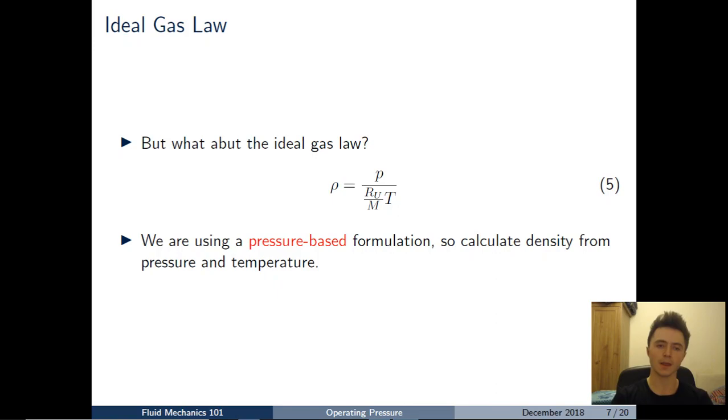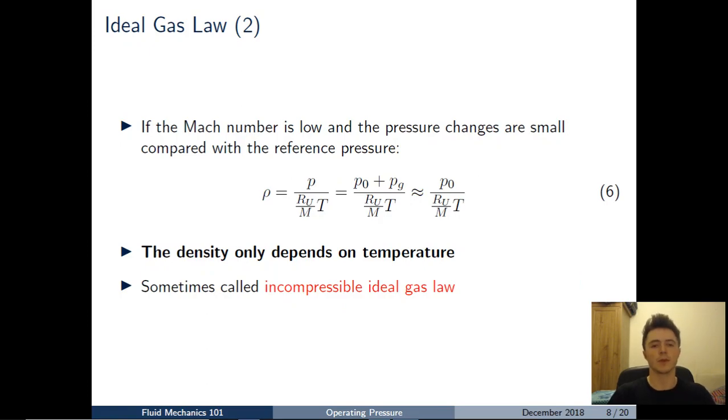So, what changes do we make to the ideal gas law to account for us subtracting an operating pressure from the static pressure? Well, the first thing we do is we rewrite the static pressure as the sum of the operating pressure and the gauge pressure. And then the next key step is we remember that for low Mach number flow, the changes in pressure are very small compared to the operating pressure.